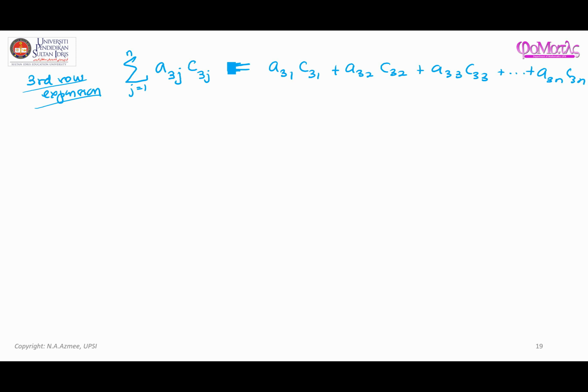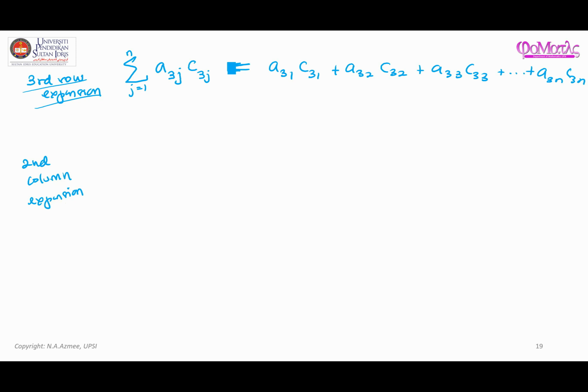Of course, instead of a row, you might want to consider second column expansion, or first column expansion, or third column expansion. So for example, how can we find the determinant of a matrix using the second column expansion?